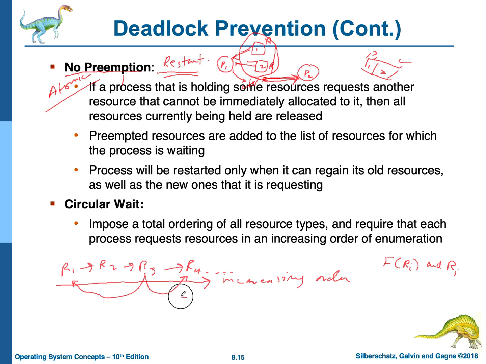For example, function Ri and then function Rj, right, and then do something here and then release Rj and release Ri.